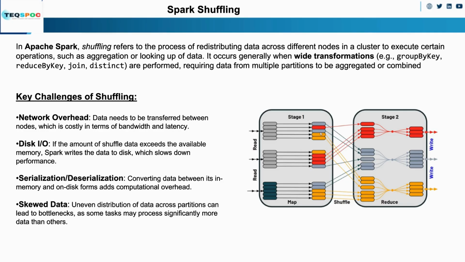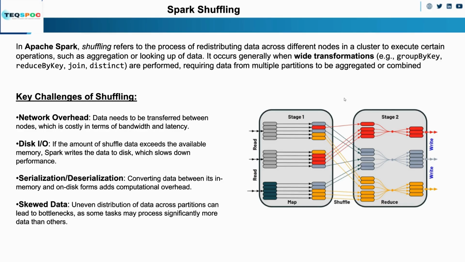In stage one, you can see different keys highlighted with different colors. The red or orange color is a key, the yellow is another key, and the ash or gray color is another key.